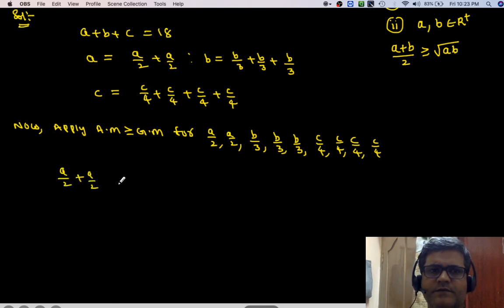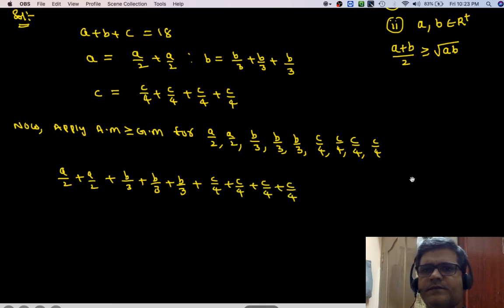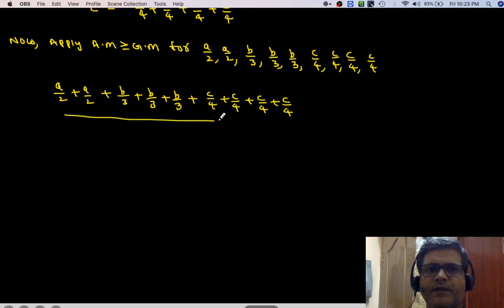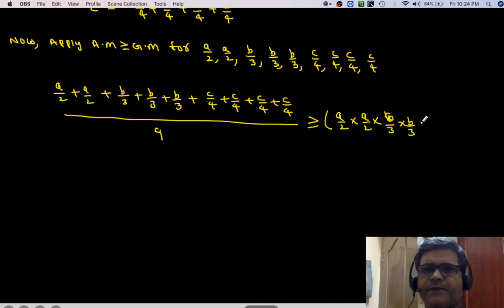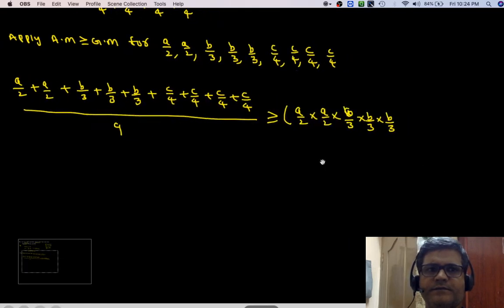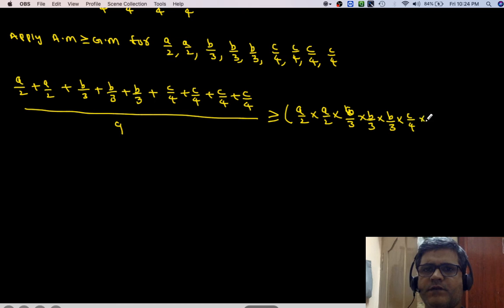That is a by 2 two times, b by 3 three times, c by 4 four times, divided by 9 quantities in total, is greater than or equal to the product a by 2 into a by 2 into b by 3 three times into c by 4 four times, power 1 by 9. So this is arithmetic mean is greater than or equal to geometric mean.